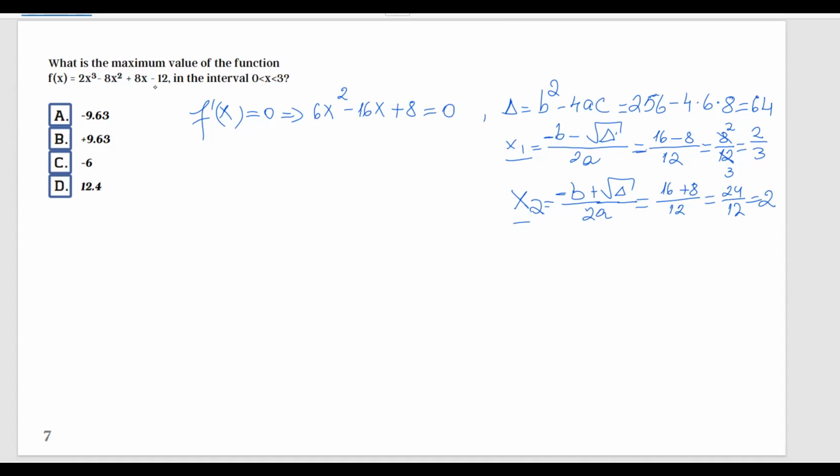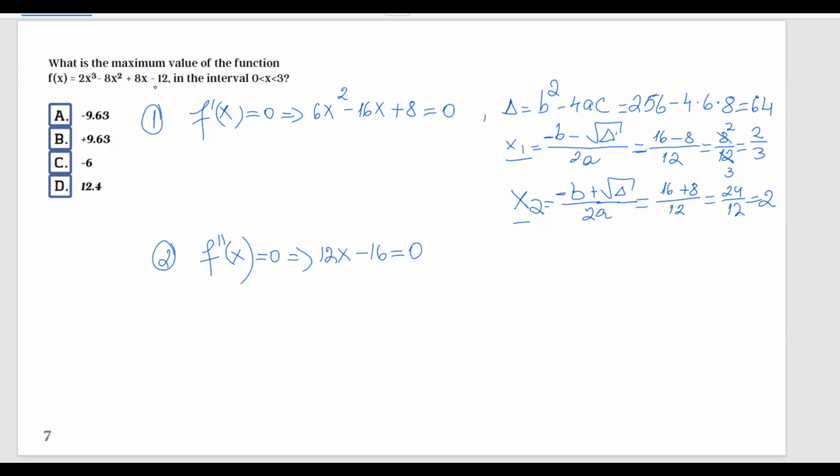And now we have to calculate the second derivative of this function. So this is the first step, and then this is the second step, let's say. So for the second derivative, I'm getting 12x minus 16.